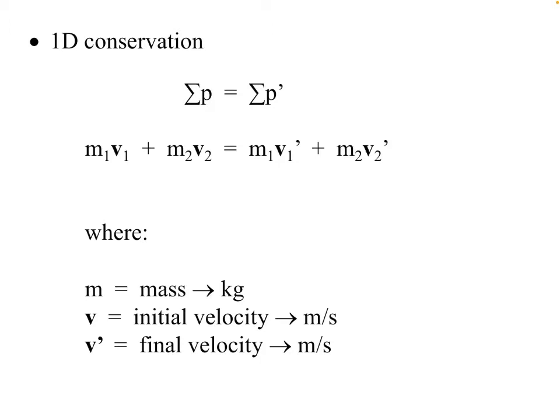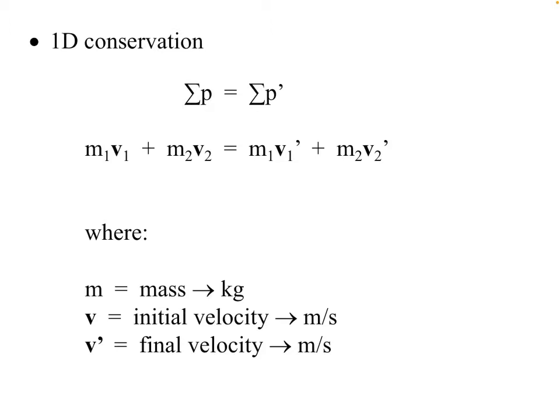A great example of this is 2 billiard balls running into each other and bouncing off in opposite directions. We would have the mass and speed of one of them and the mass and speed of the other one, and direction does matter in that case, since they go in opposite directions afterwards as well.